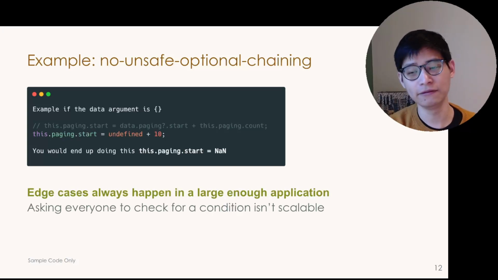This is a very weird edge case that can happen to anyone working on a large scale application, especially if you're not quite sure who's sending down the data to you. And of course, if you're in a timeline crunch, you might make this very easy mistake. Lint rules help us enforce catching all of these bugs before it reaches production or even your test suite, right?